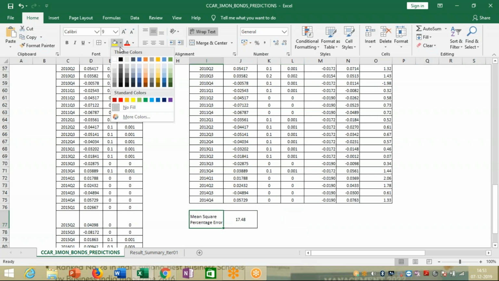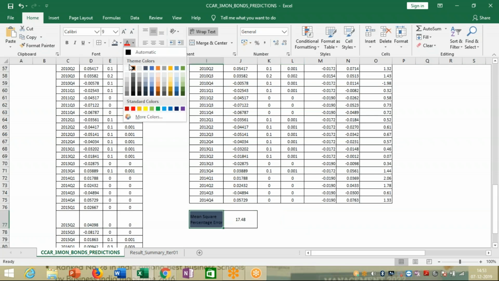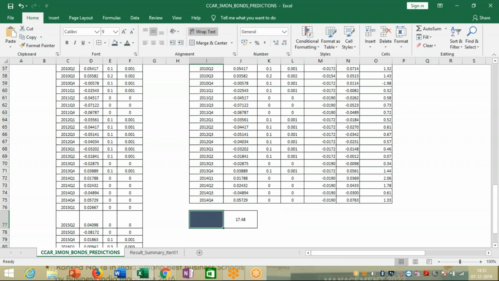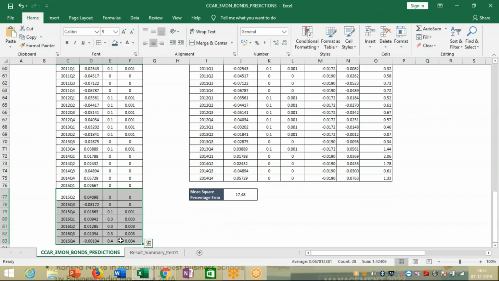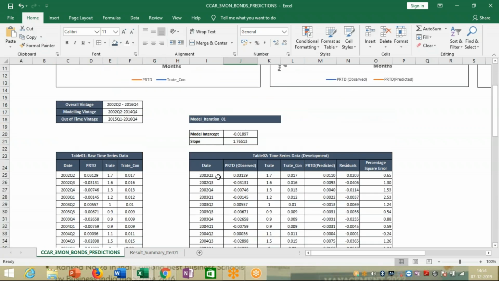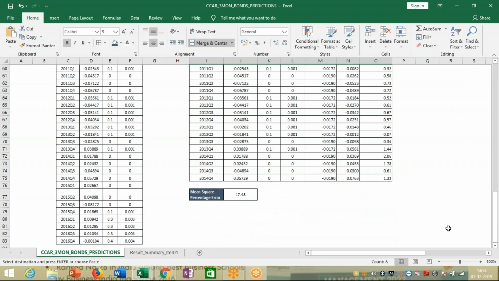The first thing we'll do is apply this model on the out of time validation data, which is 2015 Q2 to 2016 Q4, and see how this prediction actually works.